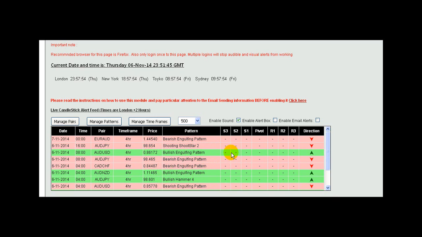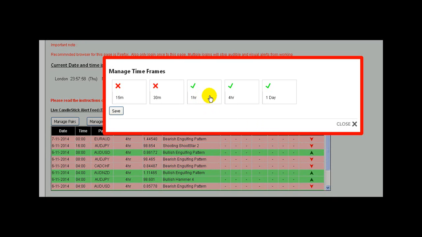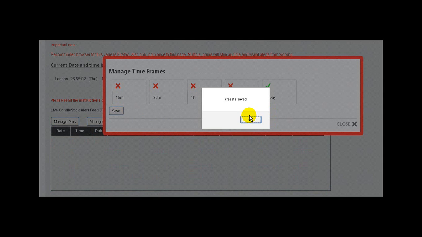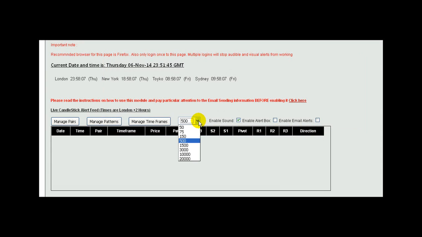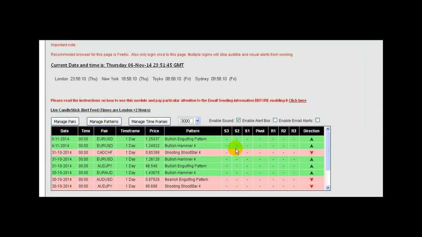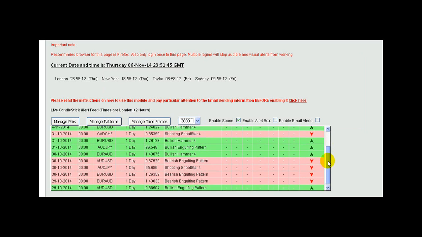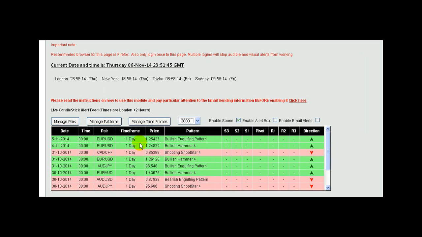Another thing this module is great for is backtesting. If you want to find all your daily candlesticks that have happened in the past, just do this, and that will show you a good selection of previous daily candlesticks, and then you can use those and refer back on your charts to see what happened and what levels those candlesticks alerted at on your daily chart.